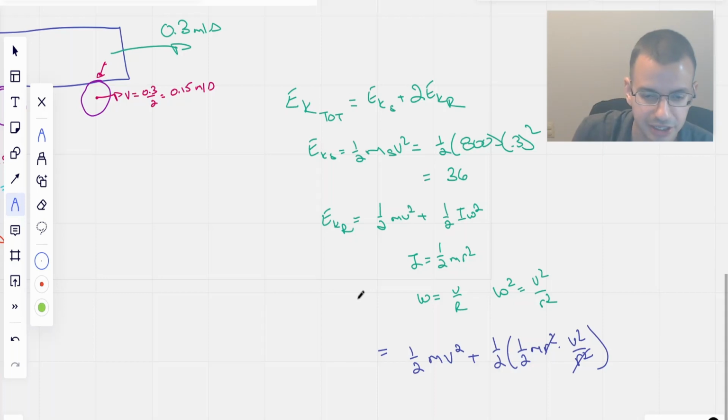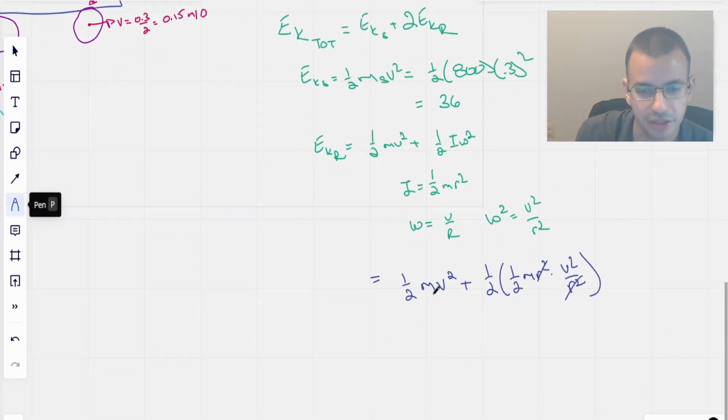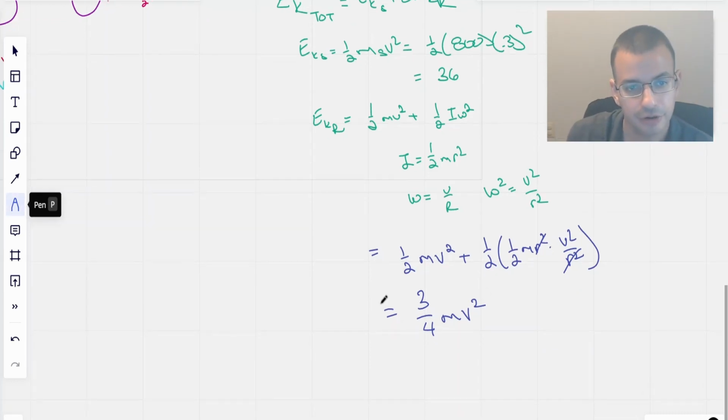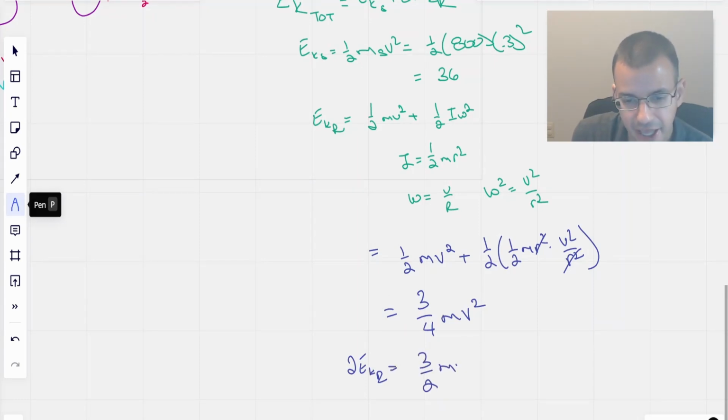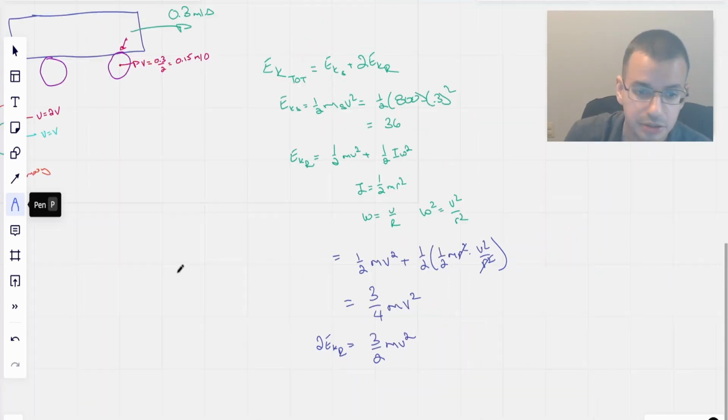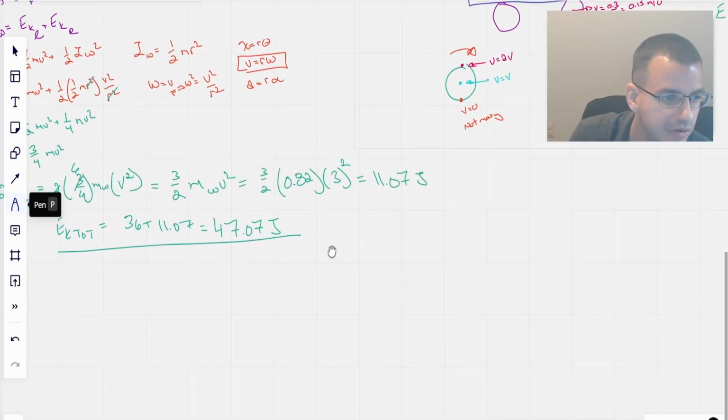The r squareds cancel, and we are left with 1/2 plus 1/4, which gives us 3/4 mv squared. Therefore, 2 energy kinetic rollers is going to be 3/2 mv squared. Yes, that's the same thing we got over here.